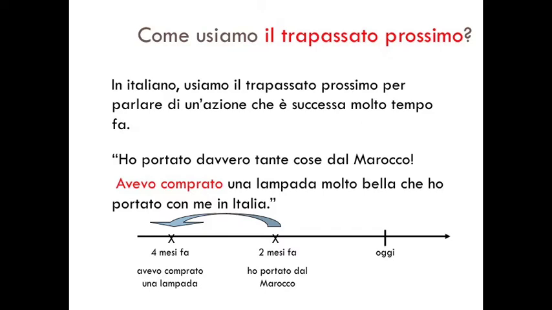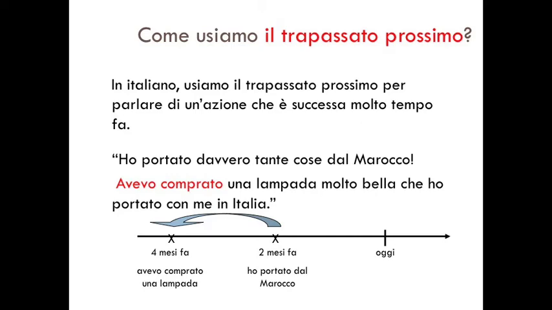So let's see. Today, I am talking about 2 months ago when I went to Morocco, and 4 months ago, so 2 months before the first past, let's say, I bought a lamp and I brought the lamp to Italy 2 months ago.